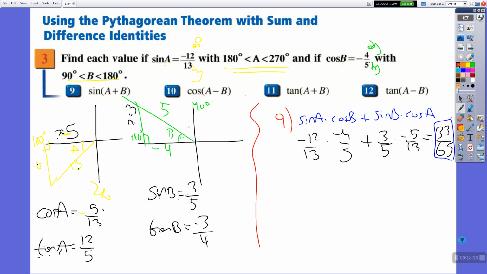Let's do the same for cosine A minus B. Cosine A minus B, we can expand it as cosine A times cosine B. And we have subtraction inside, so we will have addition in the expansion.